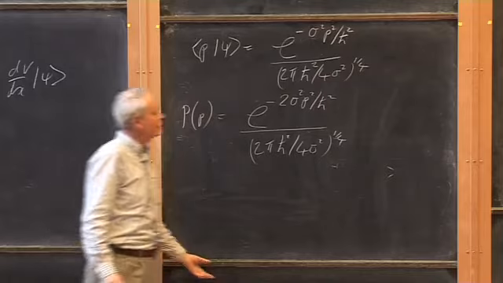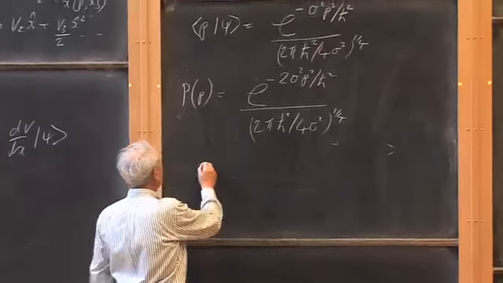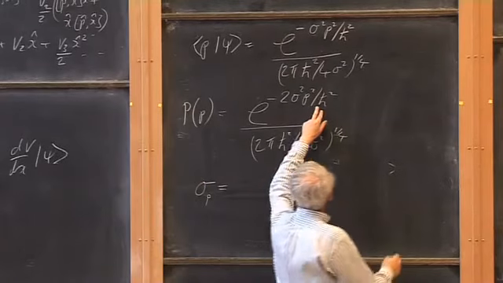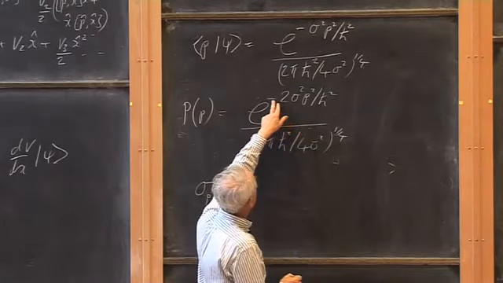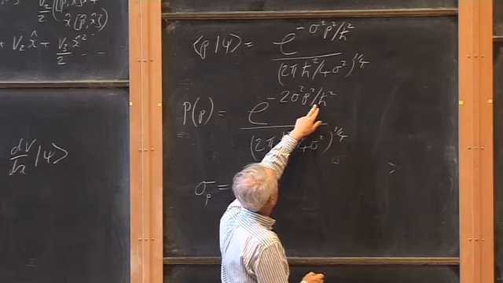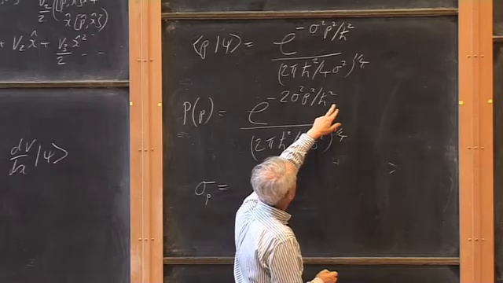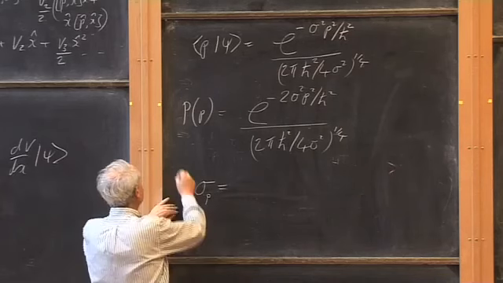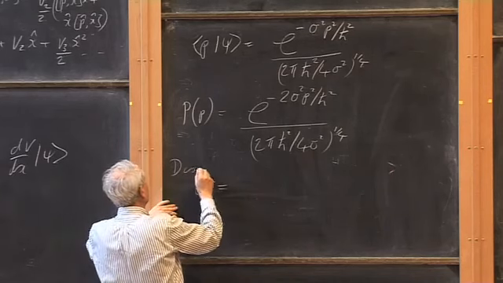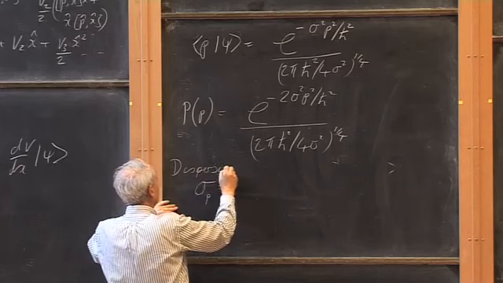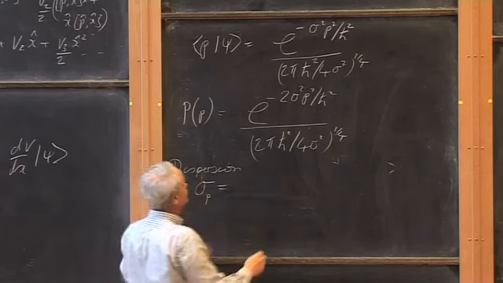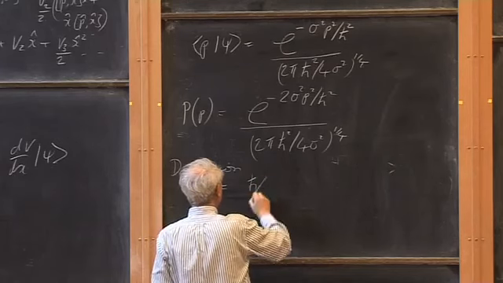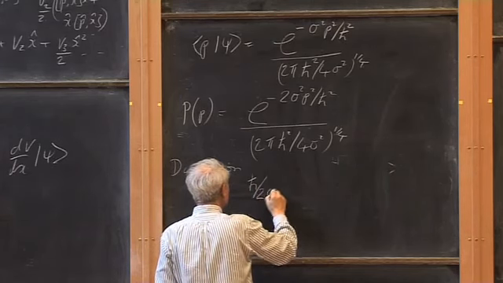And the width of this distribution, the spread in momentum, in order to find what that is, you'd have to express this as e to the minus p squared over 2 sigma p squared. So the dispersion in momentum is h bar over 2 sigma.